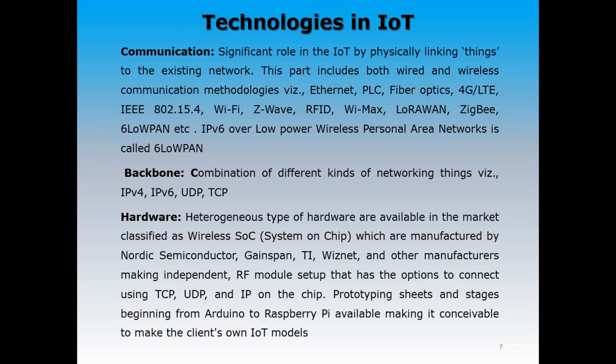These things have to be embedded with wireless capabilities that allow you to communicate to the IoT system, that is the internet. Prototyping chips like Arduino and Raspberry Pi are making it conceivable to make your own IoT devices. That's the third thing.